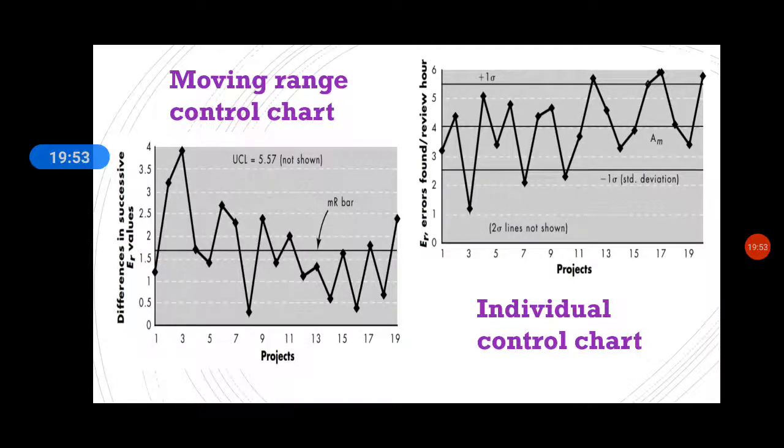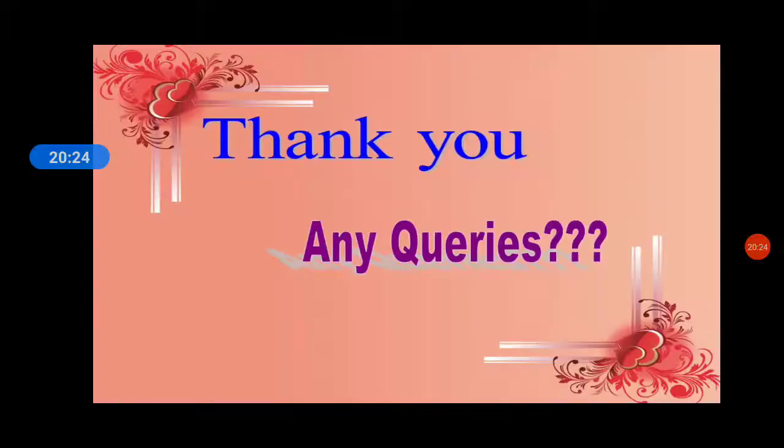The two sigma lines are not shown in the diagram, but there exists the change in values of standard deviation as per the formula that we have observed in the previous slide. Likewise, we will be calculating the project metric data depending upon the range values of the control chart as well as the individual values of the control chart.